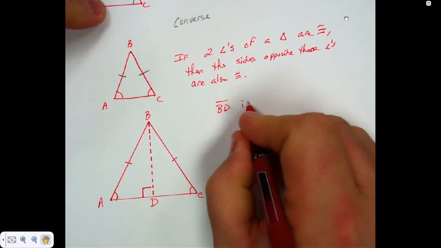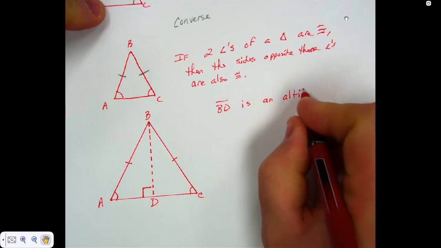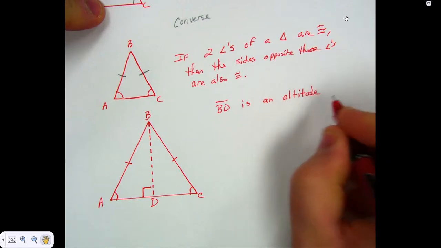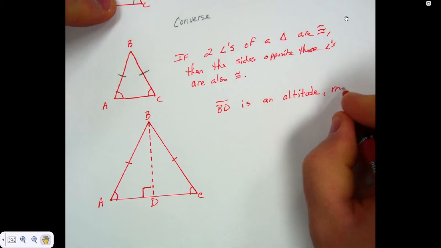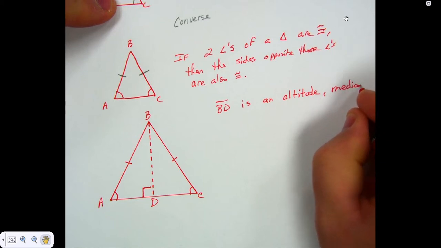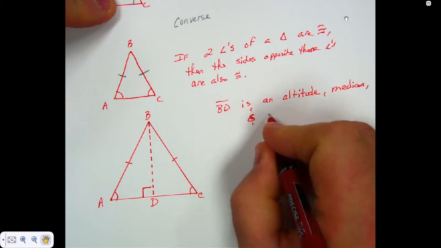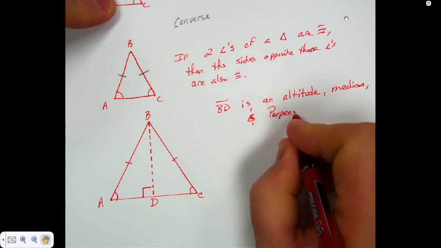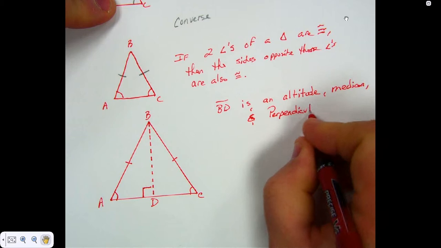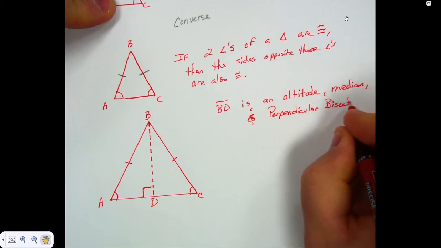BD is an altitude. Median and perpendicular bisector.